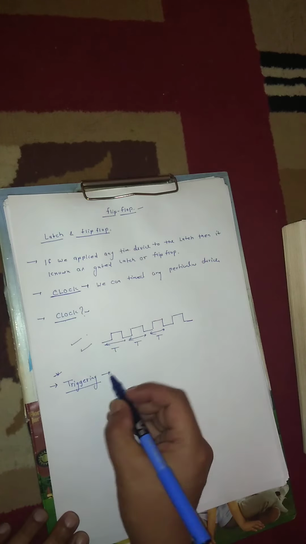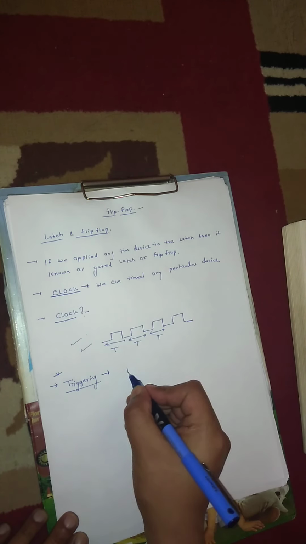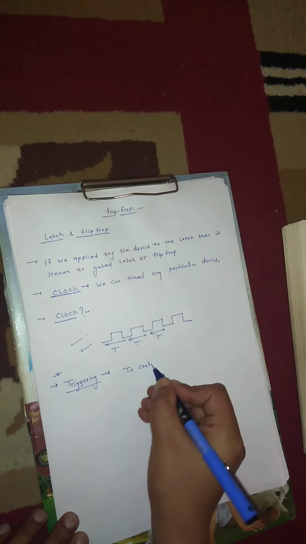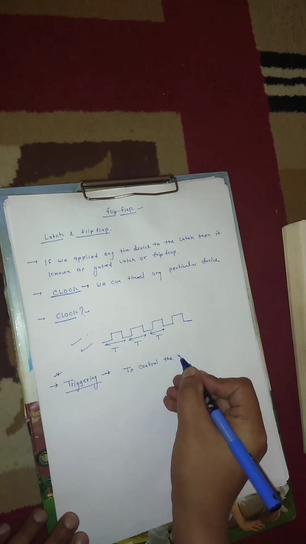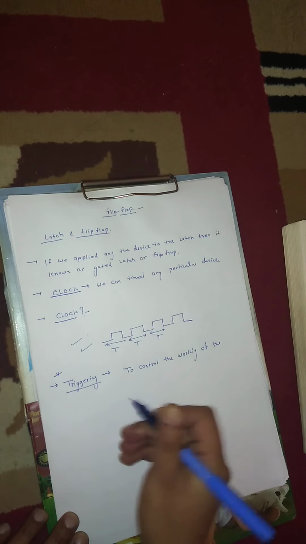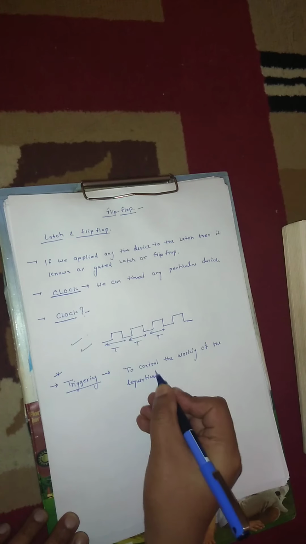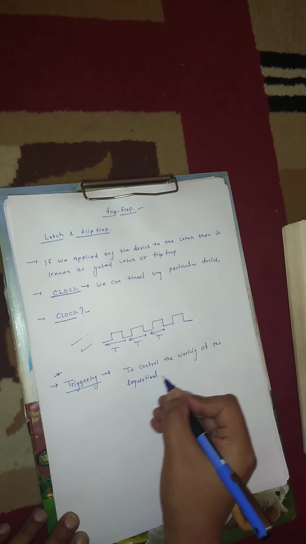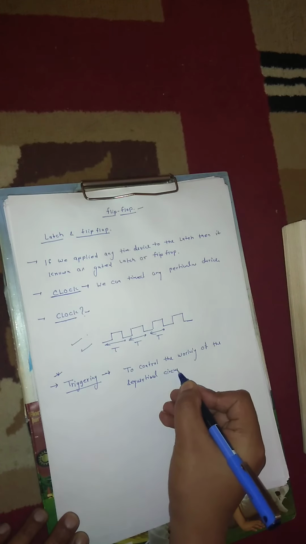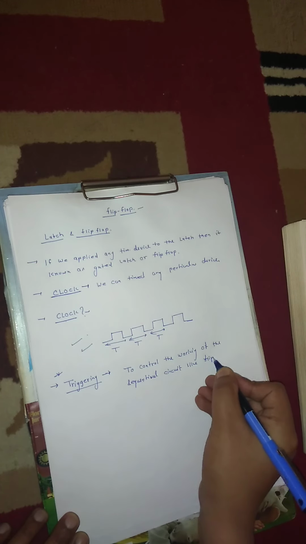So basically, what is triggering? Triggering is all about controlling the working of a sequential circuit like a flip-flop.